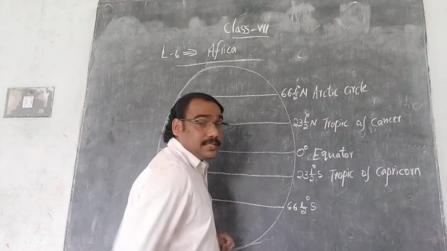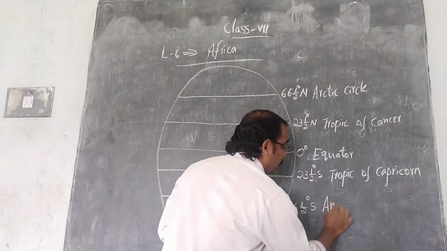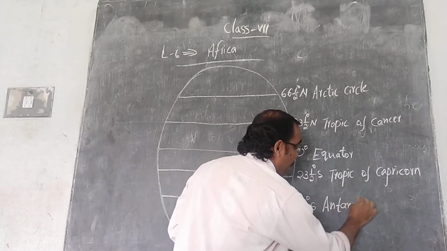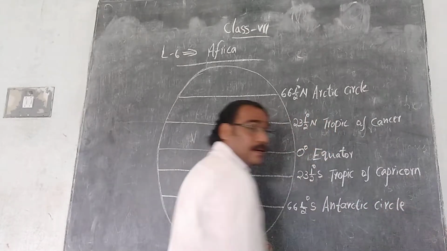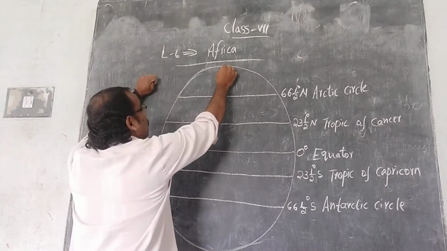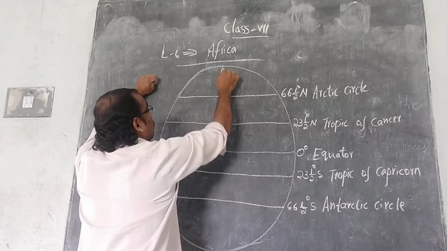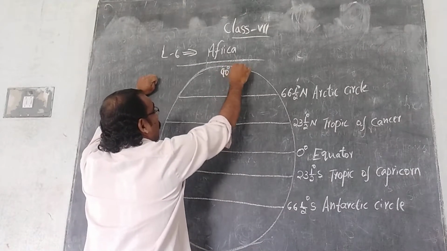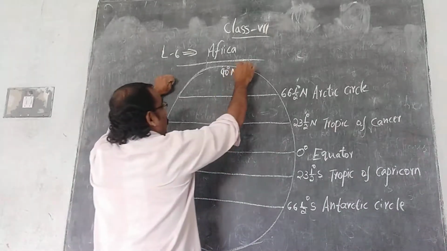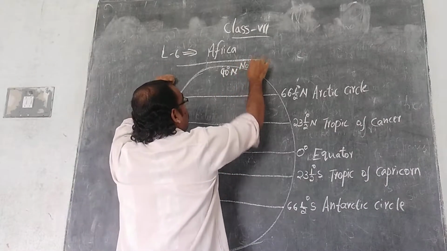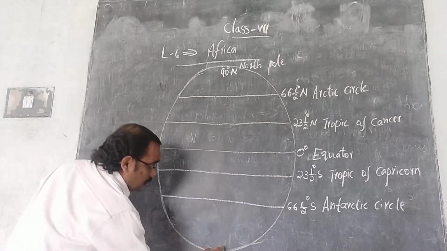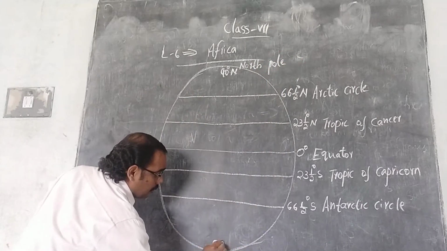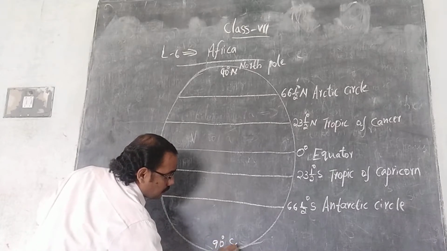It is known as Antarctic Circle. And this is 90 degree north, that is North Pole. This is 90 degree south, the South Pole.